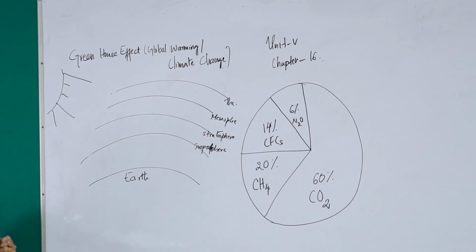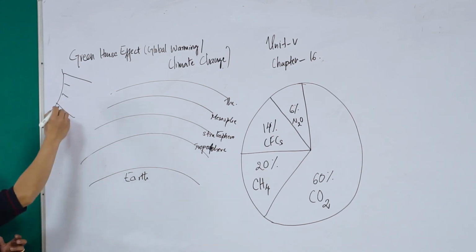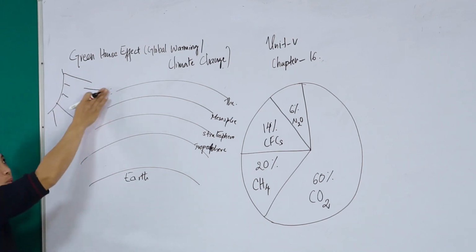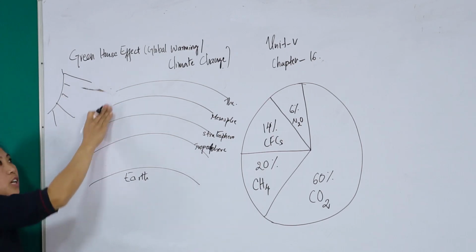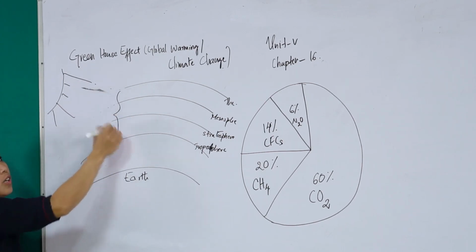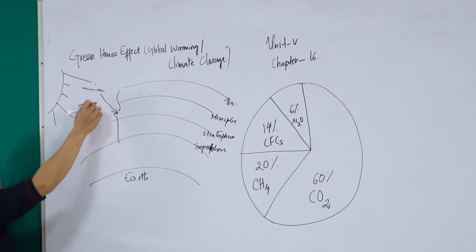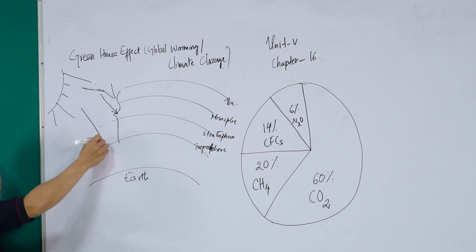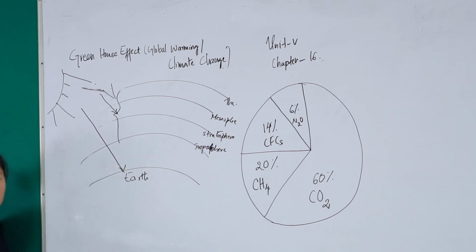We have learned in the last class that a part of this radiant energy is absorbed in the atmosphere before reaching the Earth's surface. Some of it is reflected back into space, and a part of this radiant energy reaches the Earth. Only a certain percentage of the total solar energy reaches the surface of the Earth.